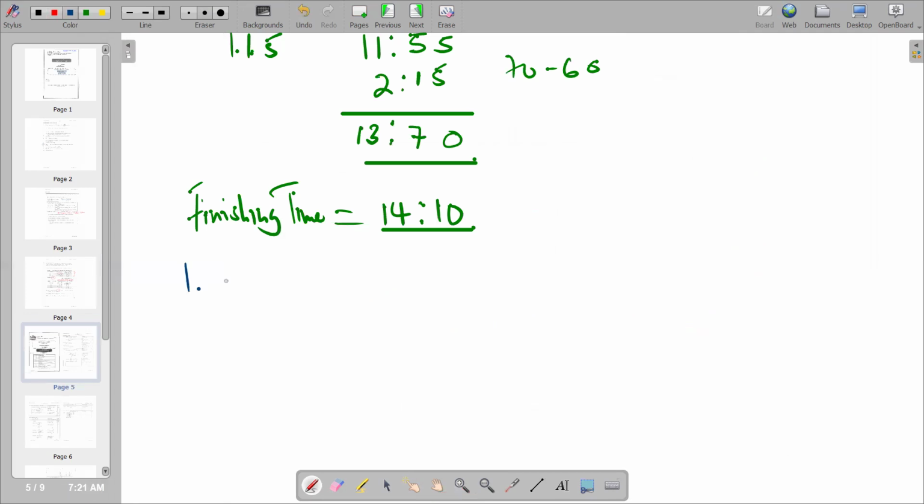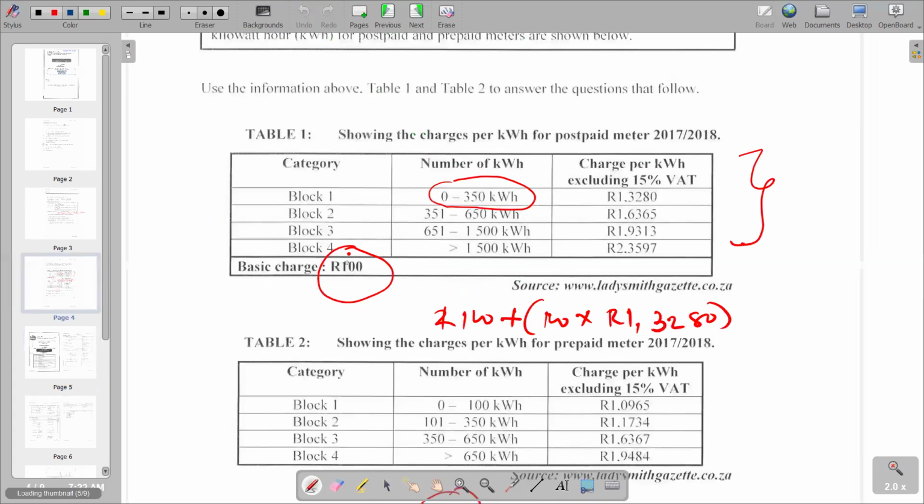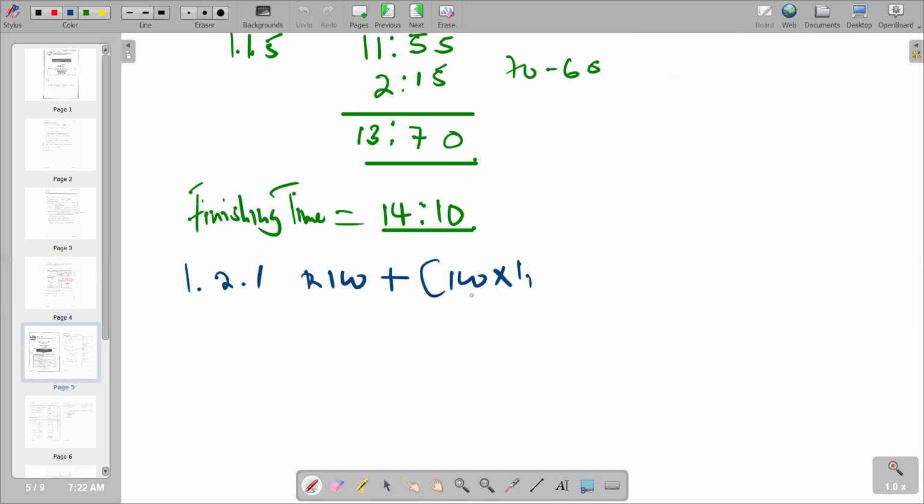So for 1.2.1, we are saying 100 rands, and then we add 100 kilowatts, and then we multiply by 1.3280, referring back to the table.